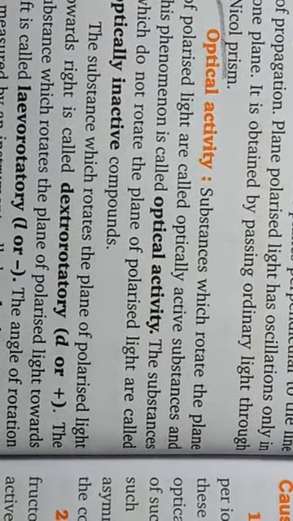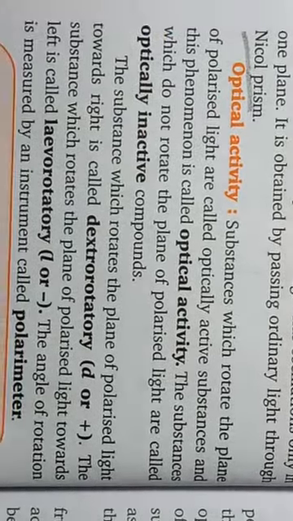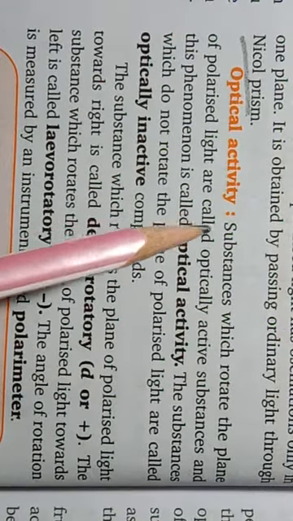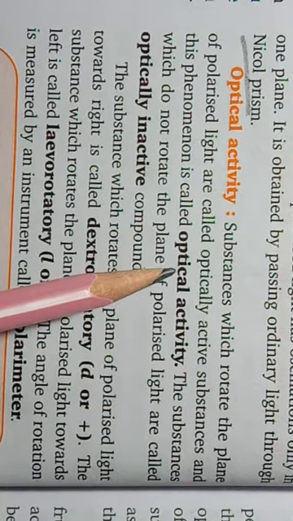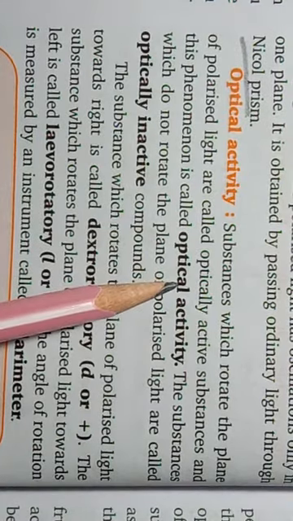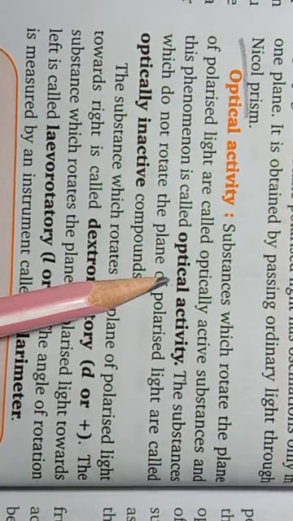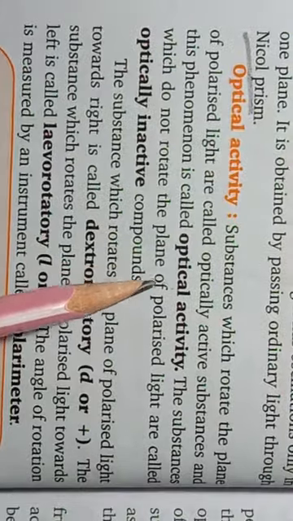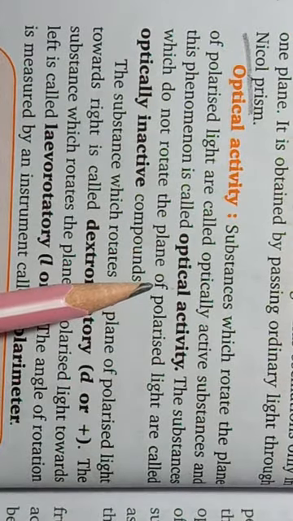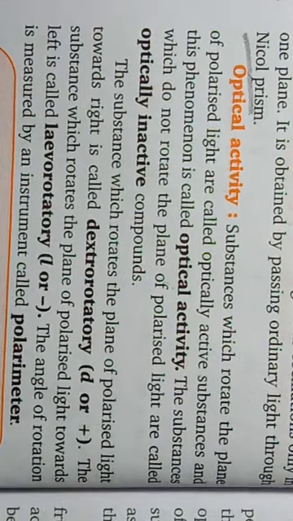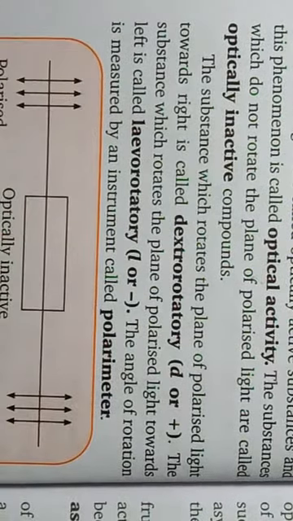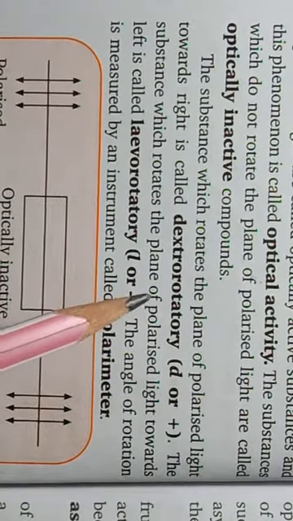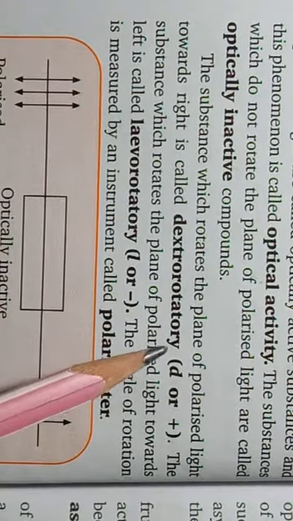The next term is optical activity. The compounds which show sensitivity for plane polarized or monochromatic light are known as optically active compounds, and their sensitivity is known as optical activity. Under this sensitivity they rotate plane polarized light in two different directions.